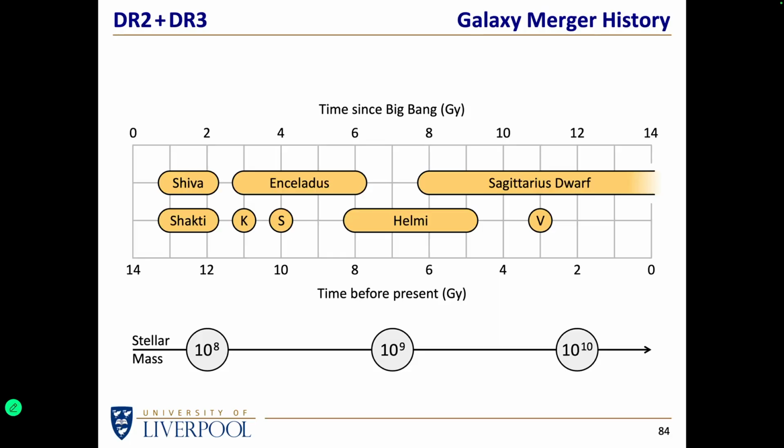So we can start to build up a picture of the history of our own Milky Way having merged or interacted with some small and some relatively large galaxies, and different populations of stars within the Milky Way, as indicated by Gaia, tell us about interactions with different galaxies in our past.